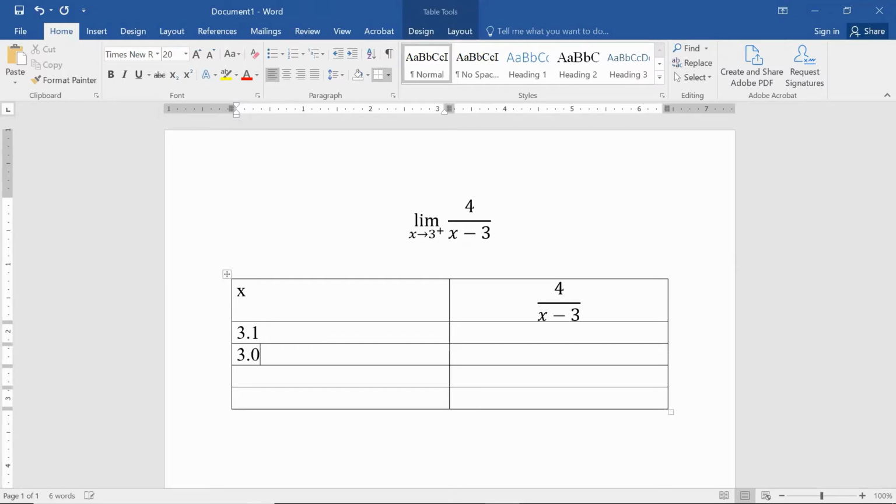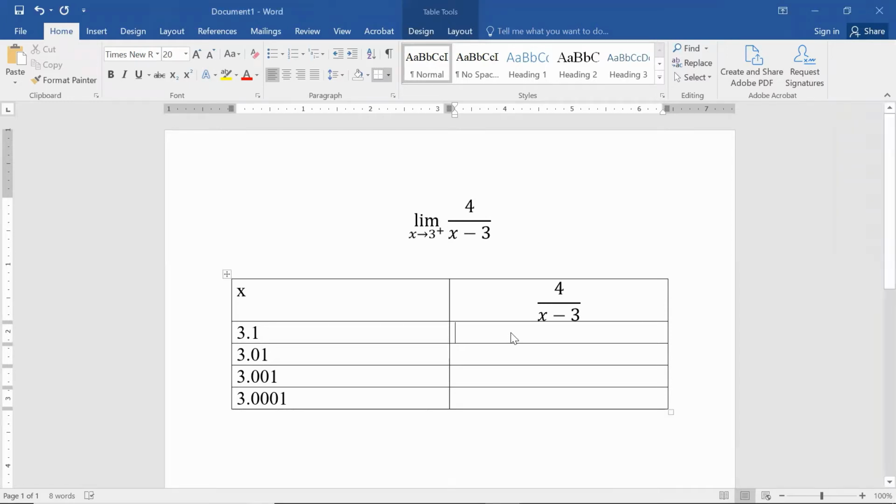My x values are going to be 3.1, 3.01, 3.001, and then 3.0001. Plug those into my function. So I plug those into the expression 4 over x minus 3.